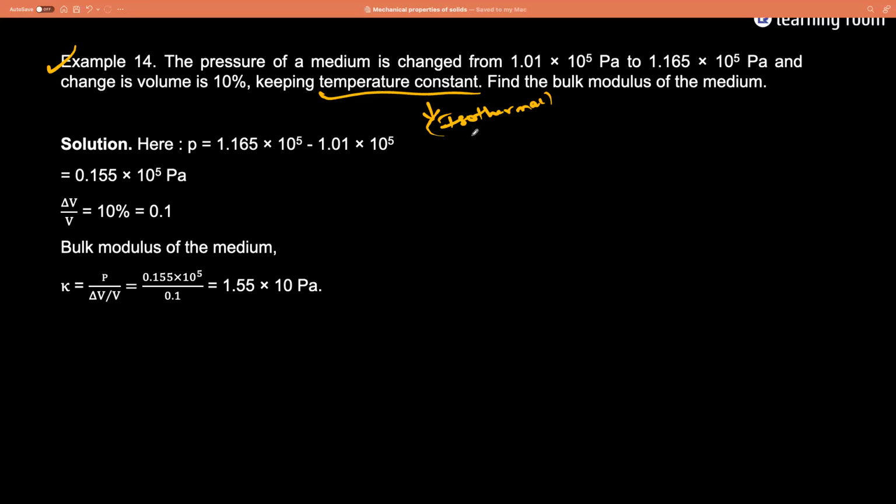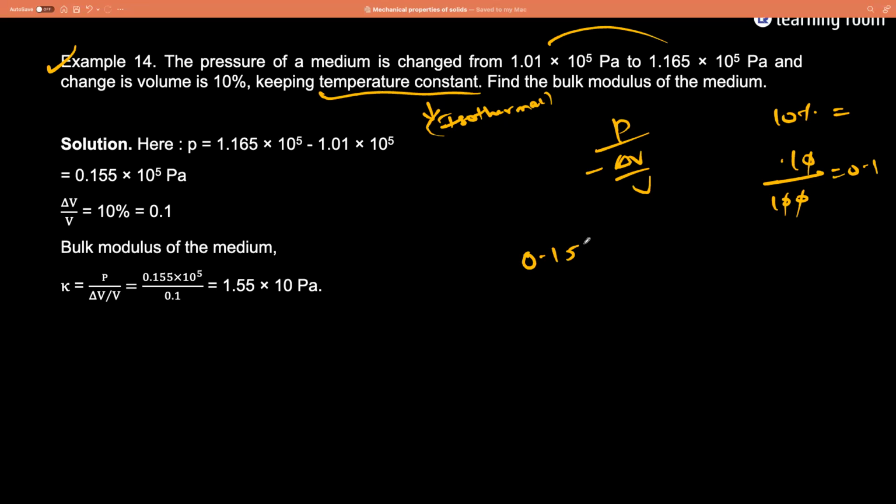Simple. What is it going to be? P divided by negative of delta V by V. So change is 10%. So what will be the fractional change? 10% is 10 by 100, so it is 0.1. Right? So P is how much? 0.154 into 10 power 5 divided by 0.1.